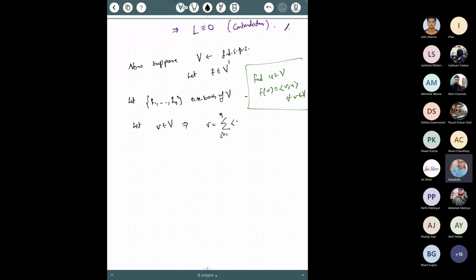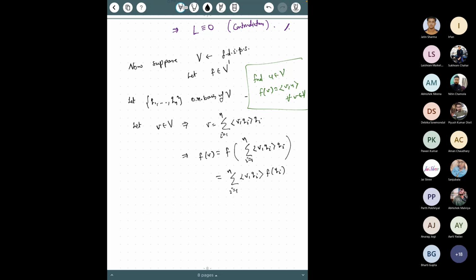Right. So now if I take f of v, then what would this be? This would be f of the summation i equal to 1 to n, inner product of v with qi times qi. Now can I take this f inside the summation? Yes, because of linearity. So I can write the summation i equal to 1 to n of the inner product of v with qi, which is just a scalar, times f of qi.